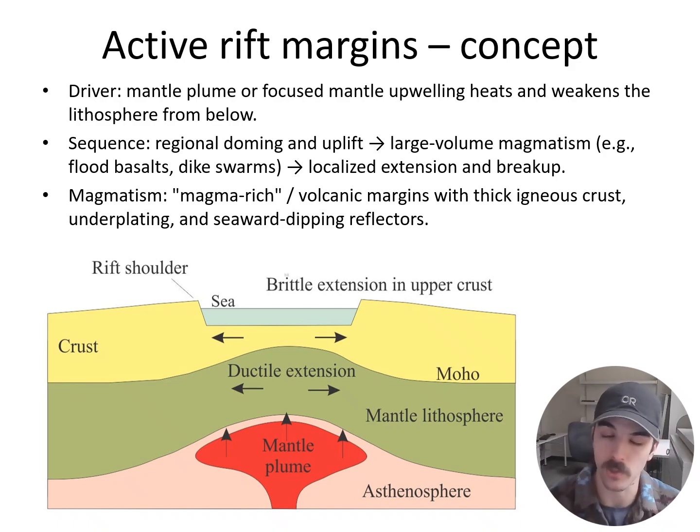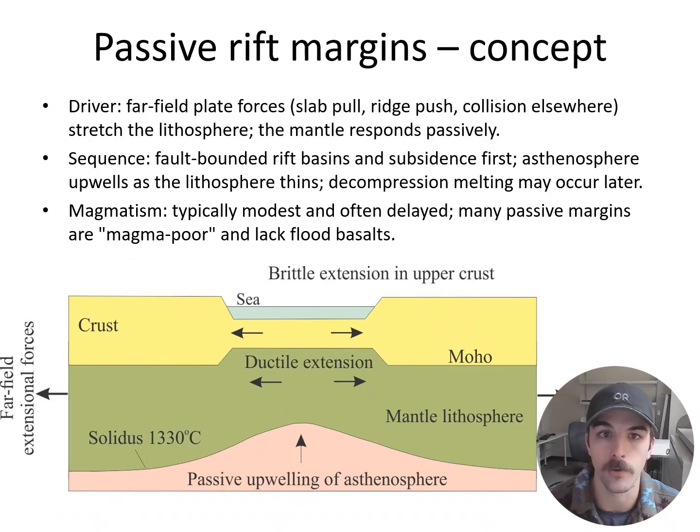But nonetheless, if we look at this figure down here at the bottom, you'll see that the mantle plume is rising up through the asthenosphere. It is heating that mantle lithosphere from below, causing ductile extension at the bottom of the lithosphere, which then translates to brittle extension in the crust, creating those fault-bounded basins we were just talking about a moment ago.